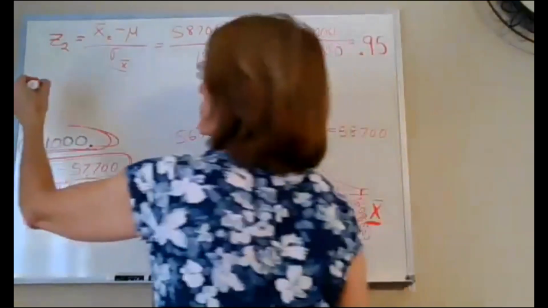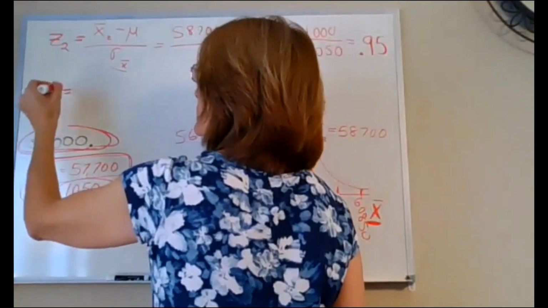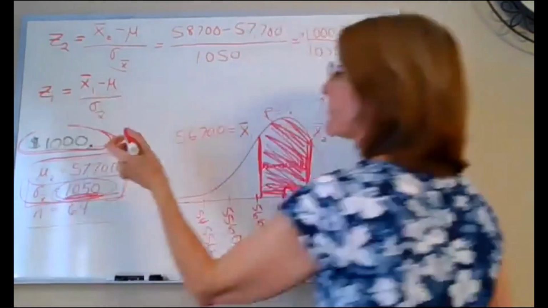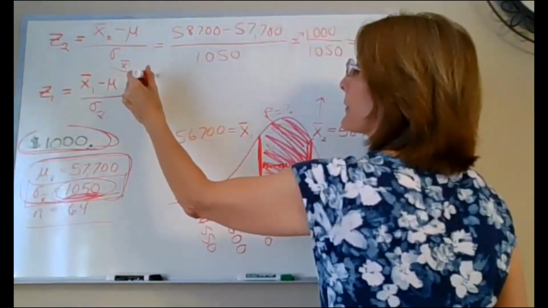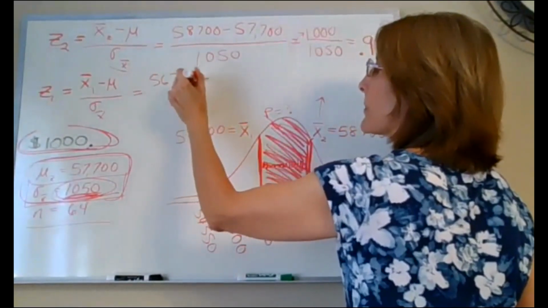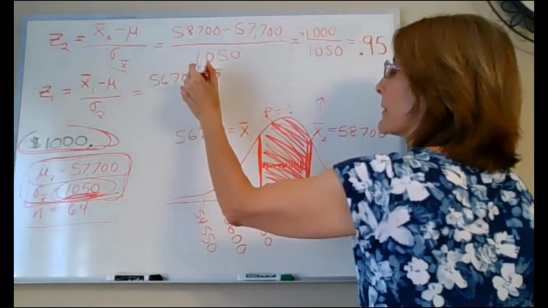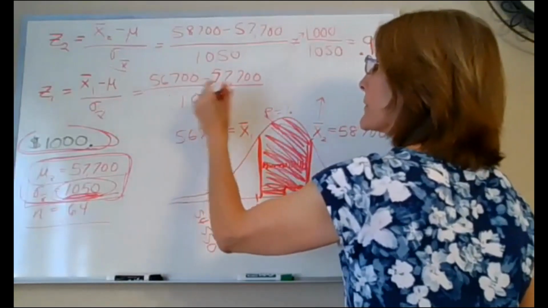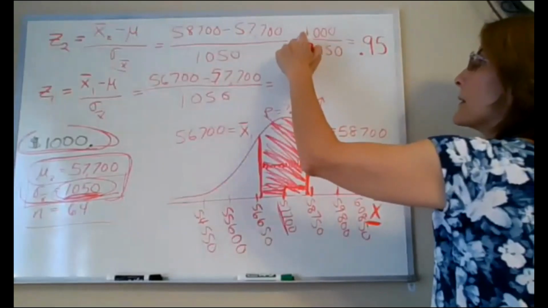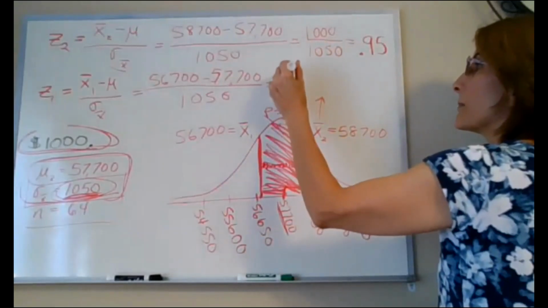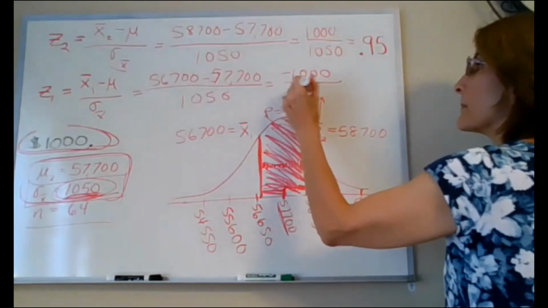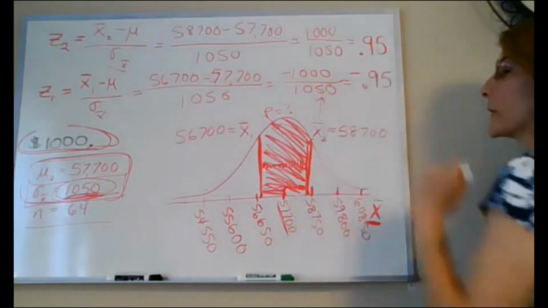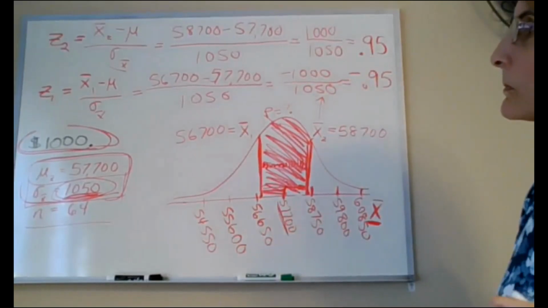So when you do the calculation for the Z1 and you plug in X1 bar, you're going to get 56,700 minus the 57,700 over 1050. That's going to give you a negative 1,000 because it's 1,000 below, which not surprisingly gives you a negative 0.95 for the other Z value.